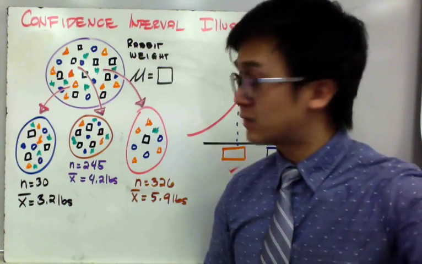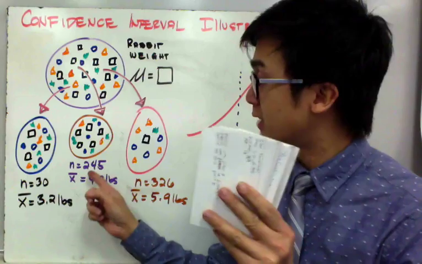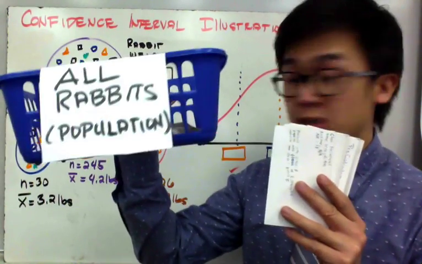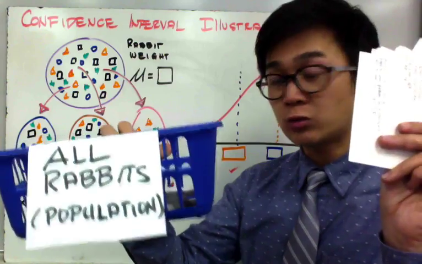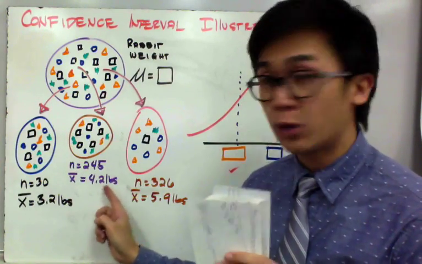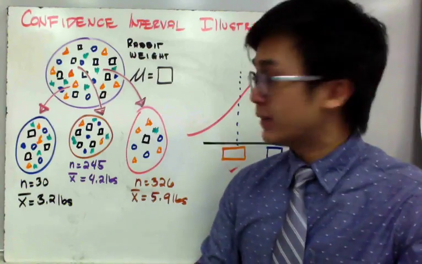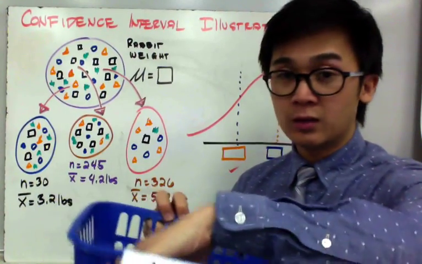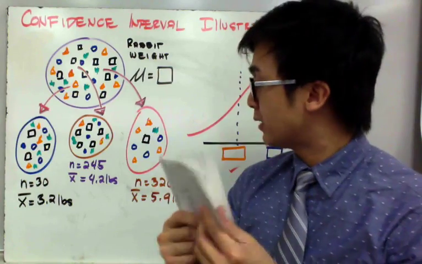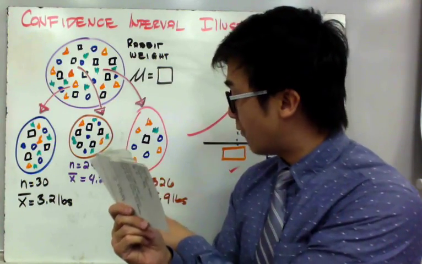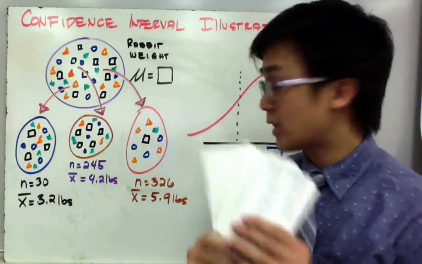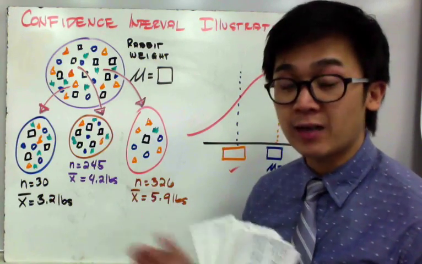Then I take another sample of, let's say, 245 rabbits this time from my population, and I weighed those rabbits, and my average weight for this particular sample is 4.2 pounds. Now I take another sample from my population, and my third sample here gave me an average of 5.9 pounds, given that this sample size is 326 rabbits.